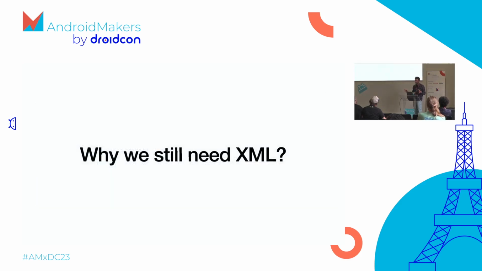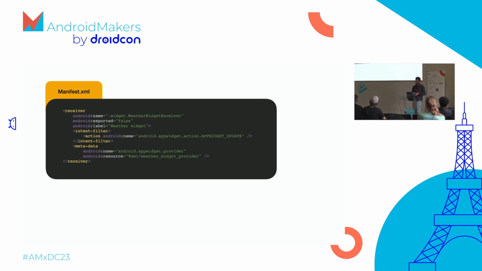So I think I covered most of the things, but still Glance does need XMLs. And why is that? First of all, we need to put in our XML file the weather widget provider, which is XML.